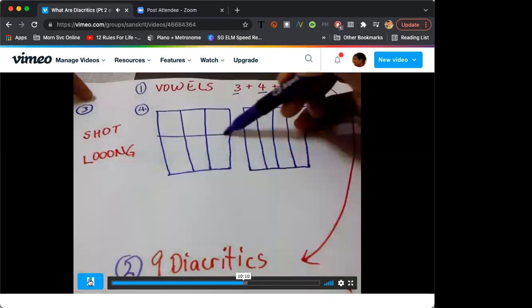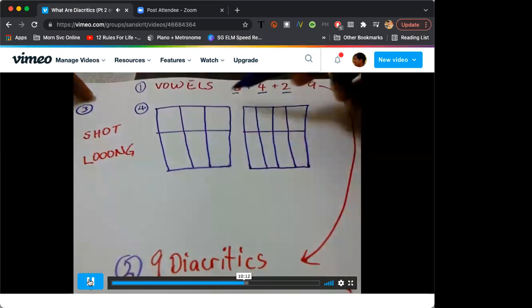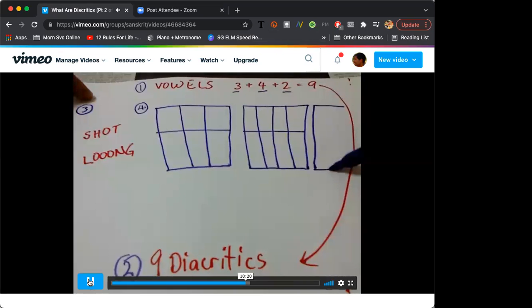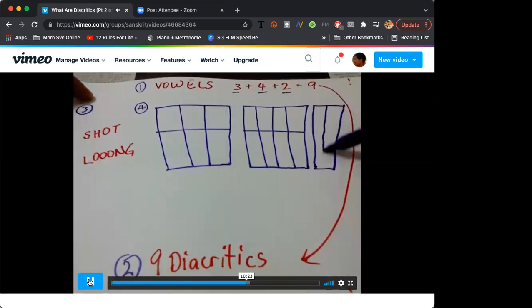Two rows. 3, 4, and 2. A little bit squeezed up here, sorry.